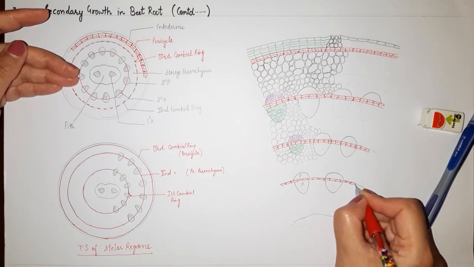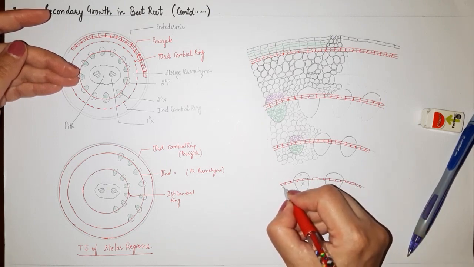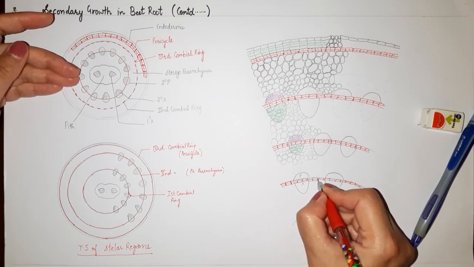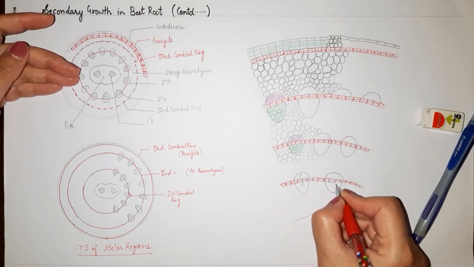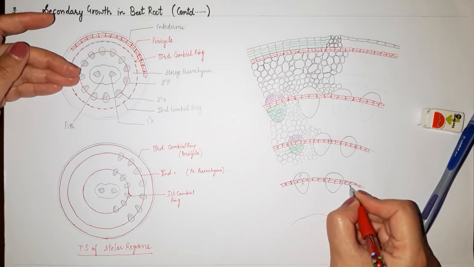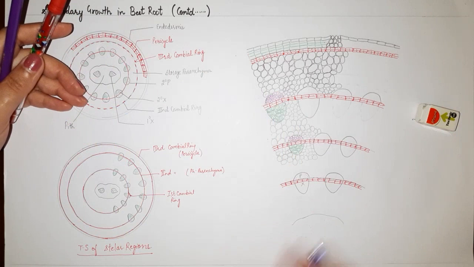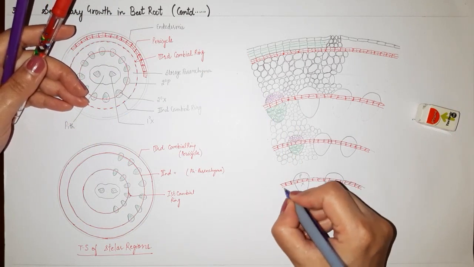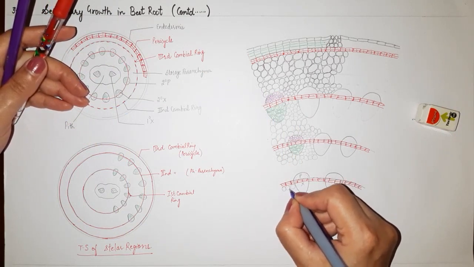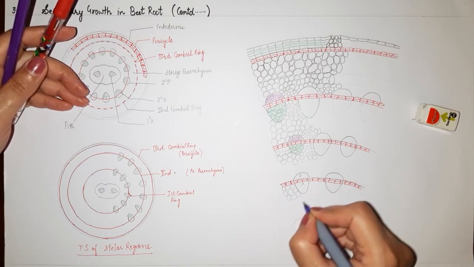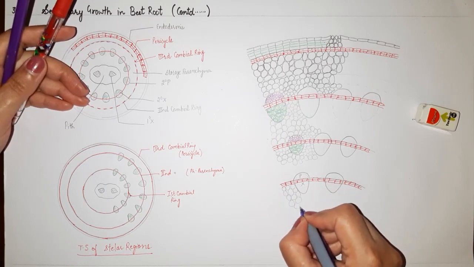In paper if you don't have time, just show the secondary tissues across one cambium. Okay, now the innermost region, here like we will show storage parenchyma. It will meet the center.